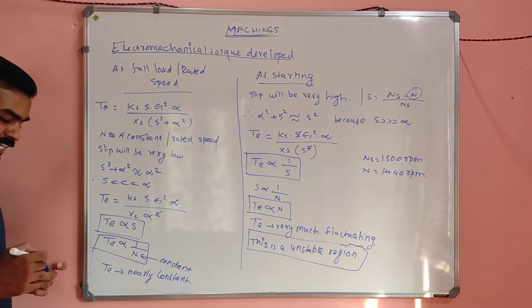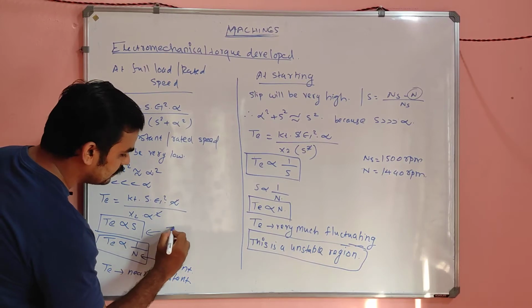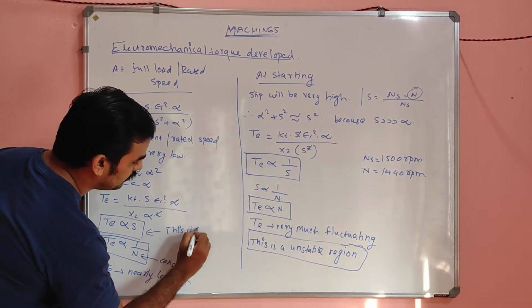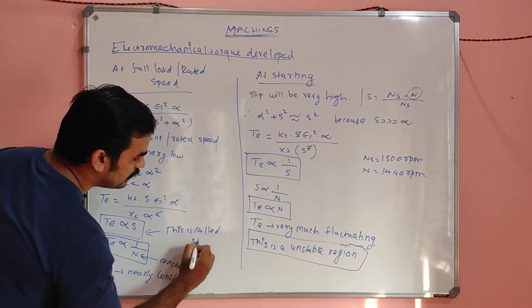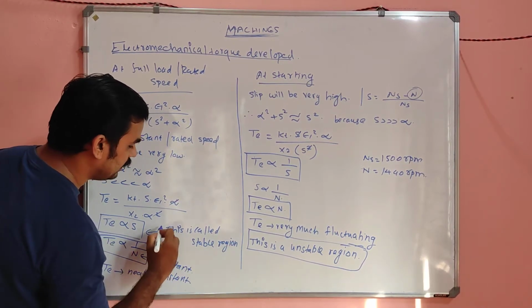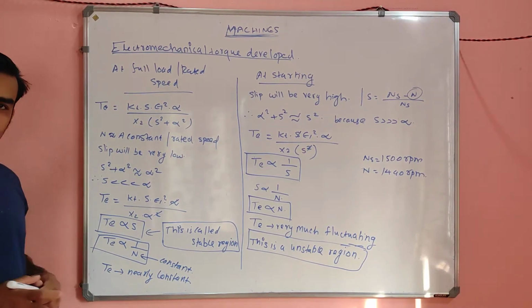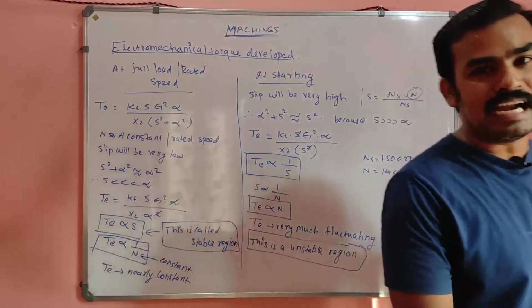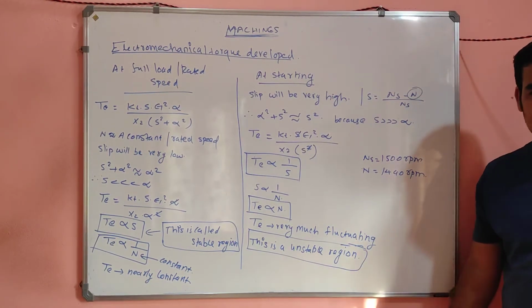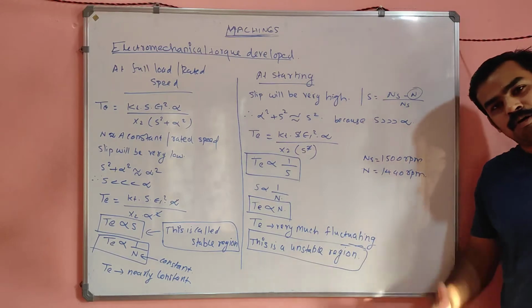That is called the stable region. So T proportional to 1 by S is called the unstable region or the starting region. T proportional to S is called the stable region, or full load region.